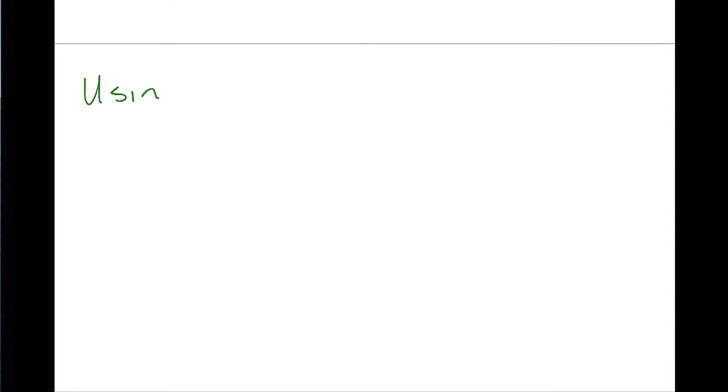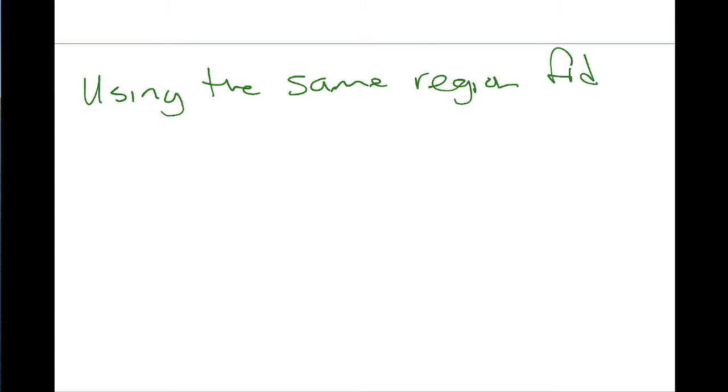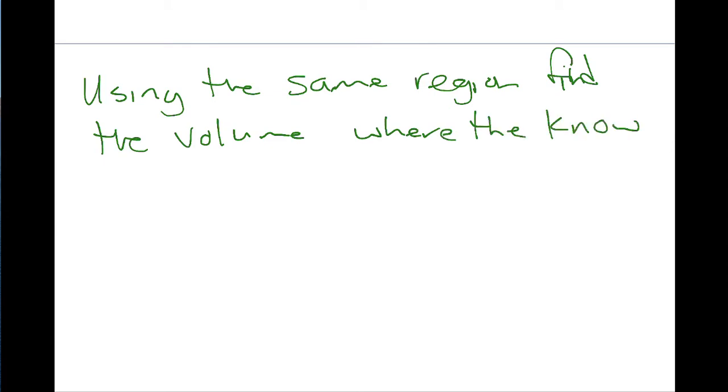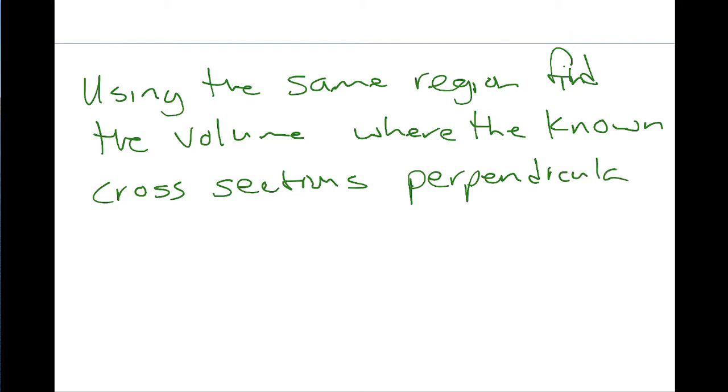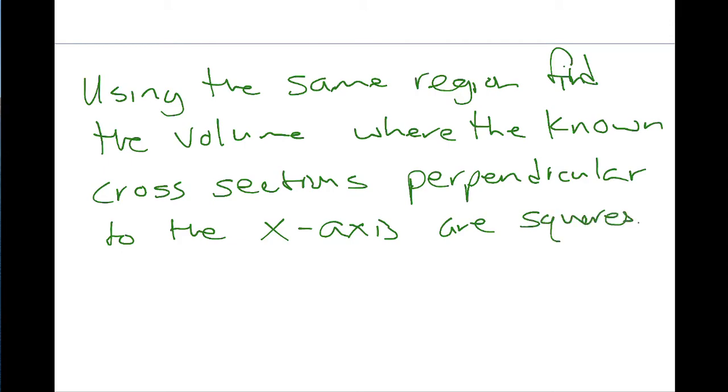Using the same region, find the volume where the known cross sections perpendicular to the x-axis are squares. You might go, wow, that's pretty intimidating.